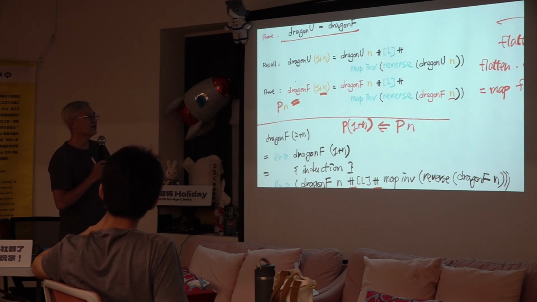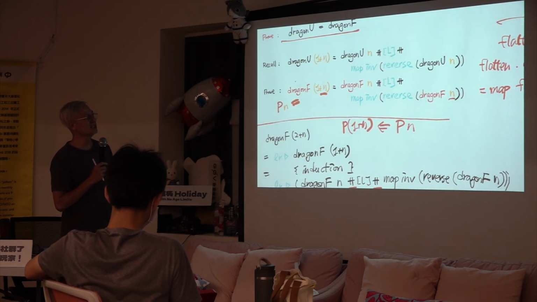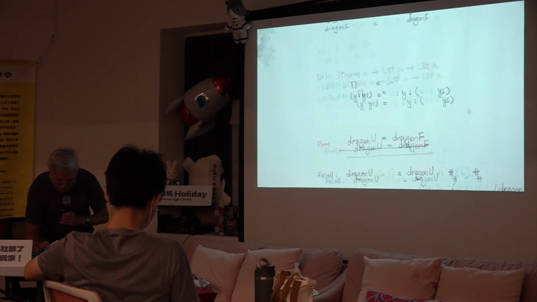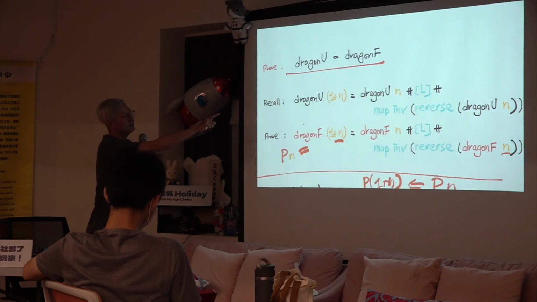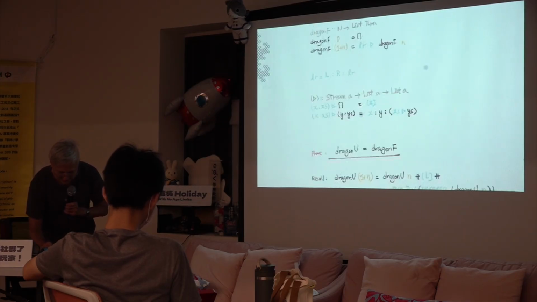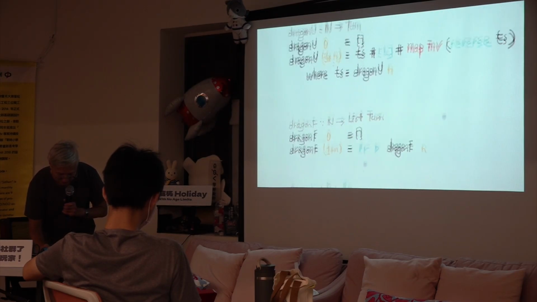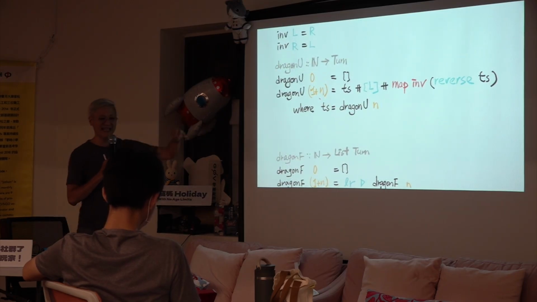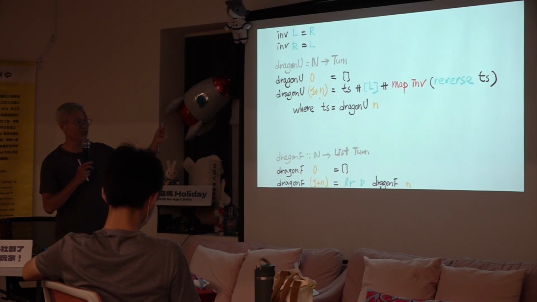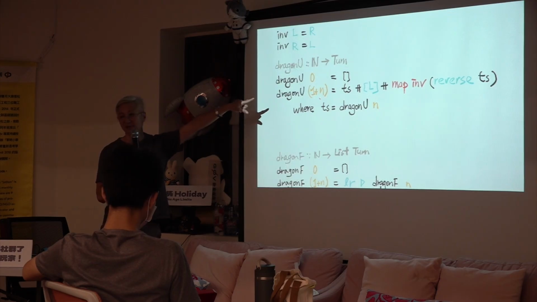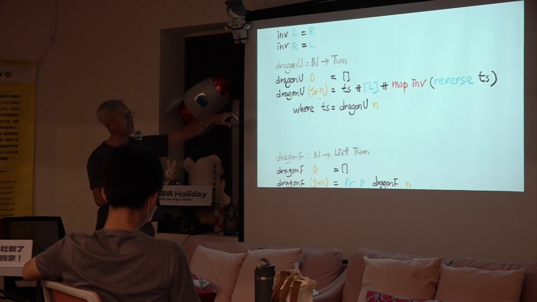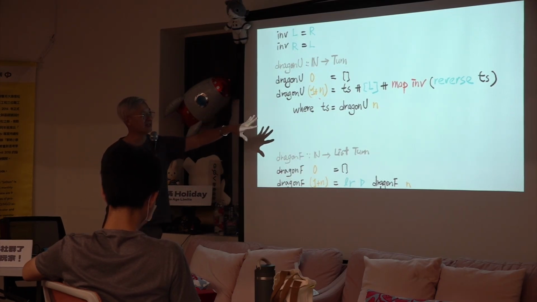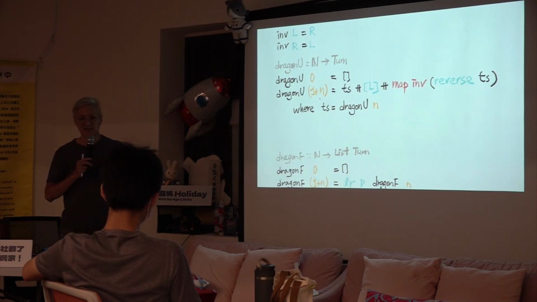Actually, firstly, this is an induction. In the first line, the dragon U's come from the definition of dragon U. And you see that this is a nicely well-founded inductive definition where you start from 0 as the base case, and the case for 1 plus n is built on the case for n.